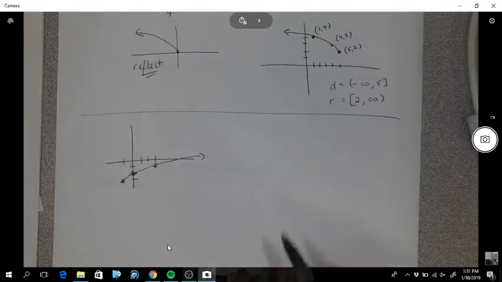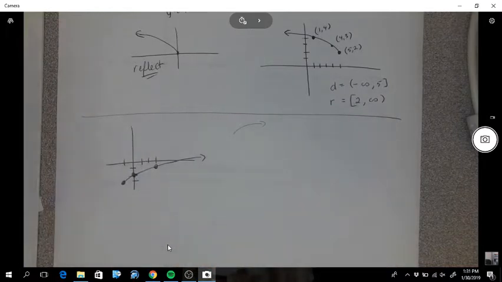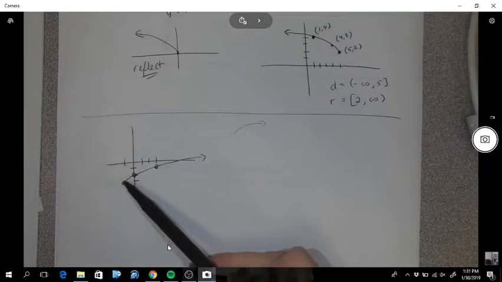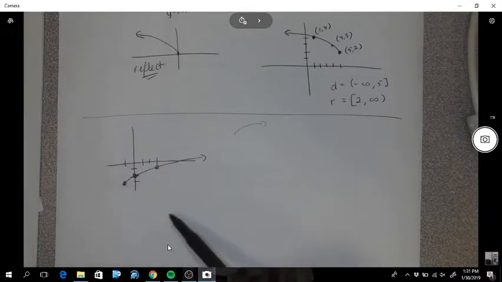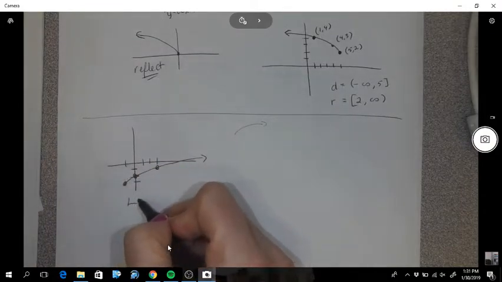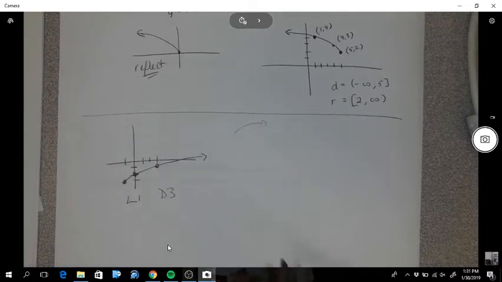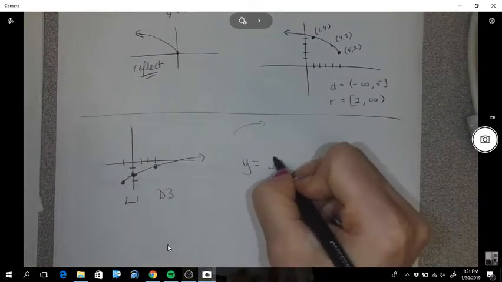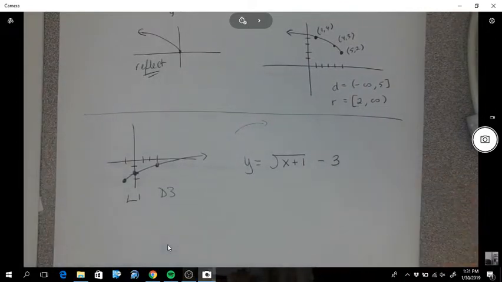There was none, right? Because it still goes that way. No reflections. The pattern, was there any horizontal compressions or stretches? Nope, because I'm still doing 1, 1, 4, 2. So my starting point has changed. So now I went left 1 and I went down 3. So my equation would be y equals the root of x plus 1 subtract 3.